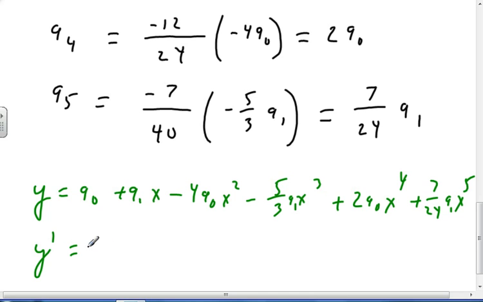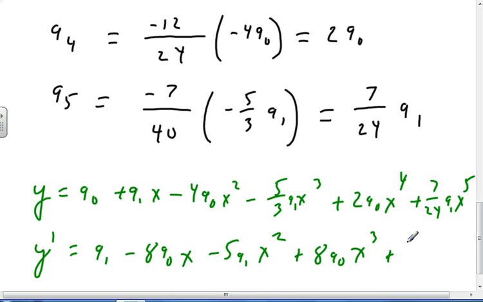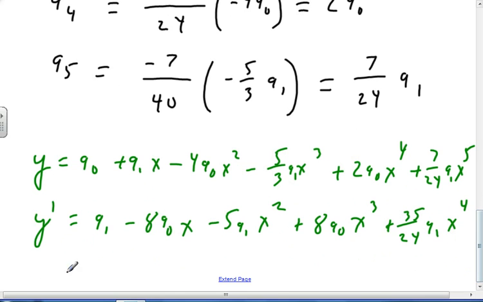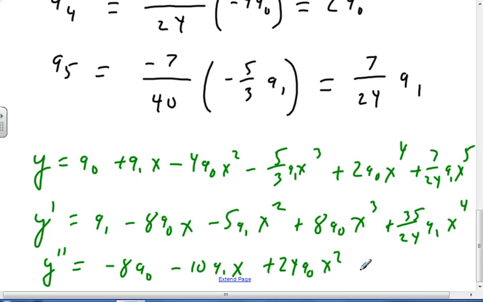y prime equals a1 minus 8a0 x minus 5 a1 x squared plus 8a0 x cubed plus 35 over 24 a1 x to the 4th. y double prime equals minus 8a0 minus 10a1 x plus 24a0 x squared plus 35 over 6 a1 x cubed.